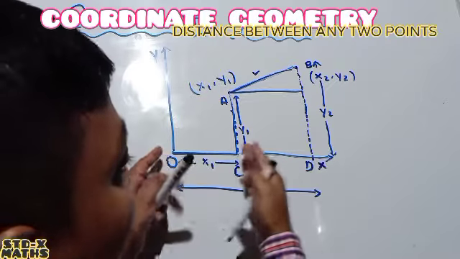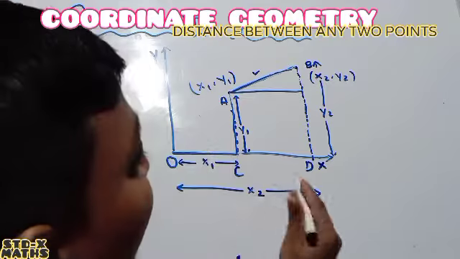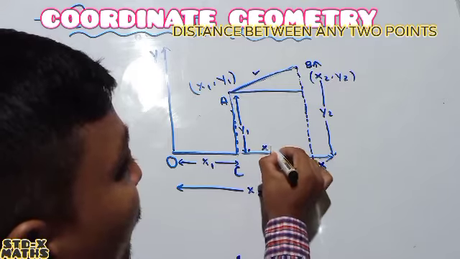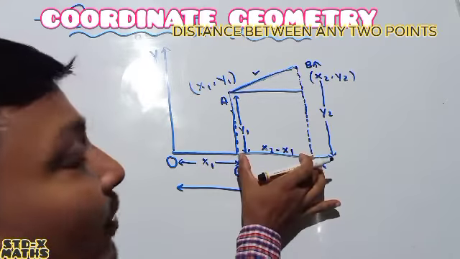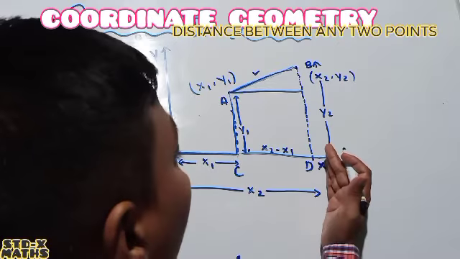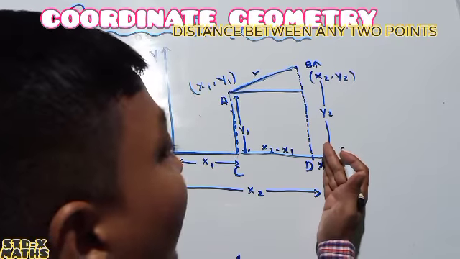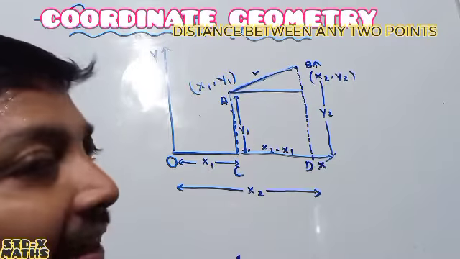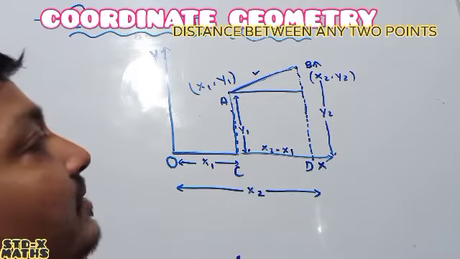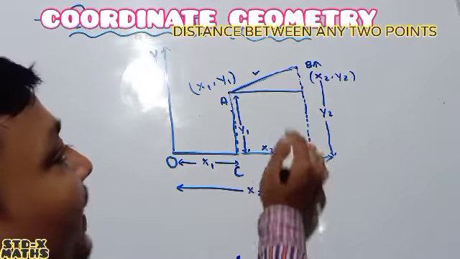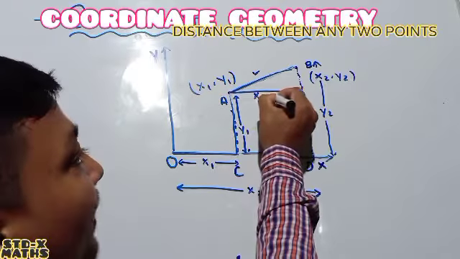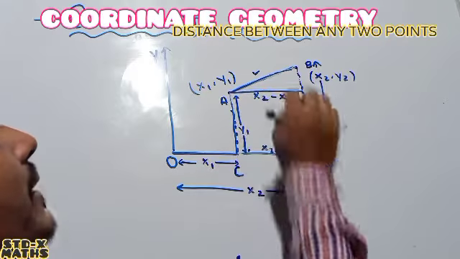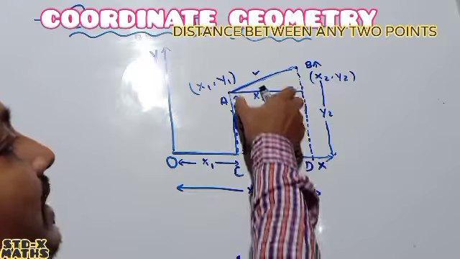Whenever I take x1 away from x2, our CD will be x2 minus x1, because the total is x2. So CD is x2 minus x1. This one will also be x2 minus x1. This length is the same as this length, because I have drawn the perpendicular.